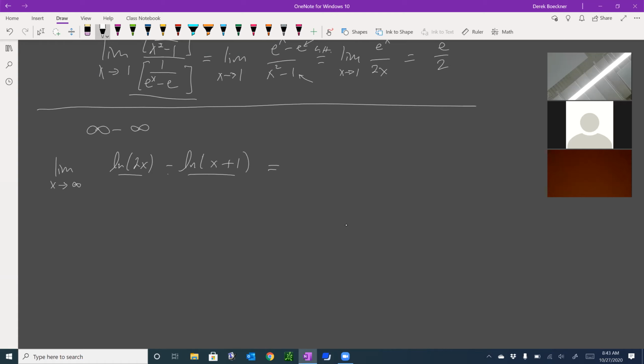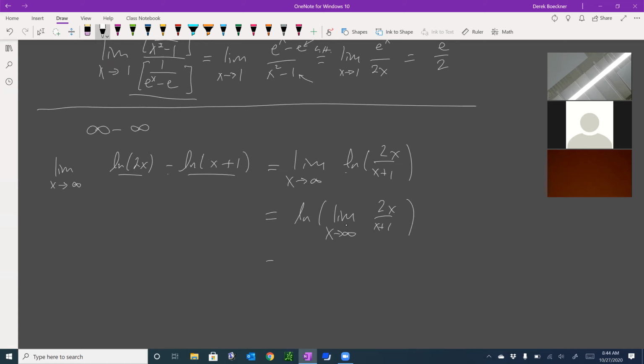When you have the natural logs here, the easy way to do this is write it as the limit as x goes to infinity of ln of 2x over x plus 1. Since the natural log is a continuous function, this is the natural log of the limit as x goes to infinity of 2x over x plus 1.